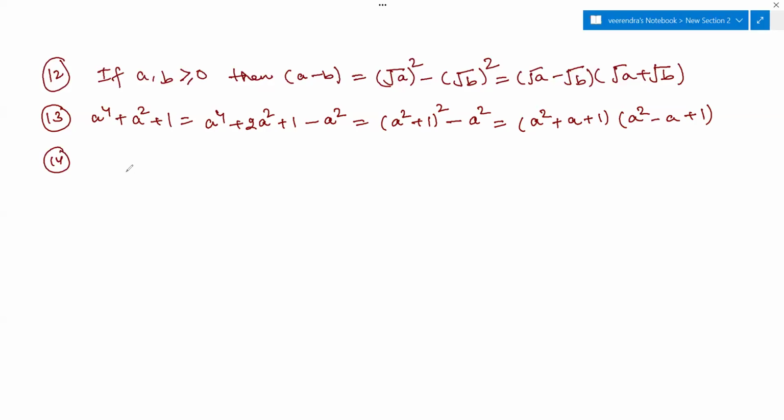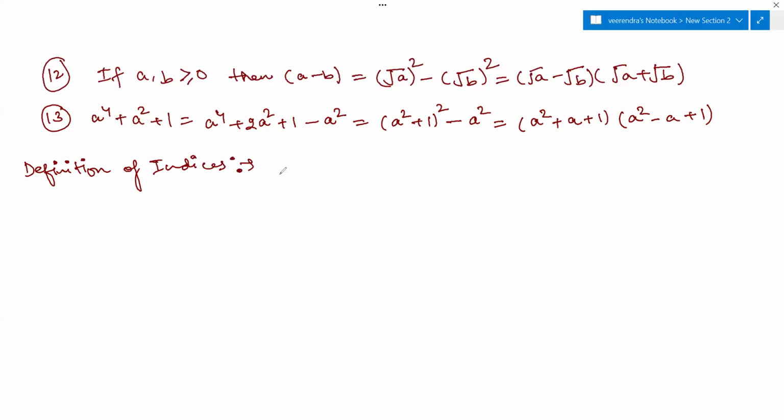Next is definition of, okay, this is over. I will discuss definition of indices.